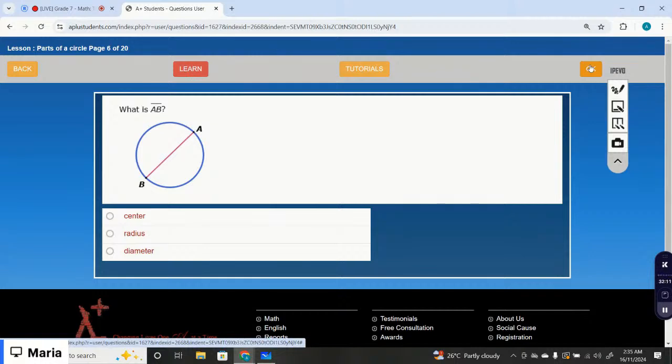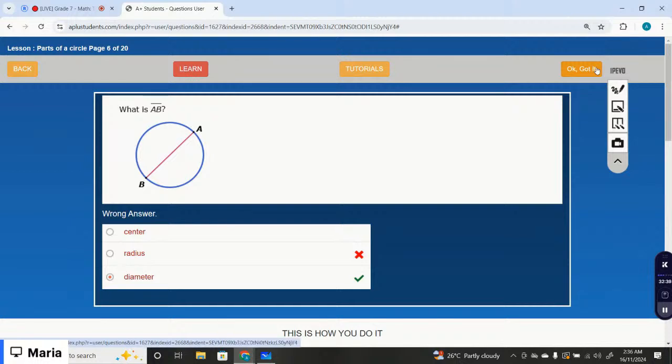What is AB? AB is the radius of the circle. That is a line that is passing through the center of the circle and touching the circle at the 2 points. So that must be radius. The correct option is radius. Diameter it is, sorry, not radius.